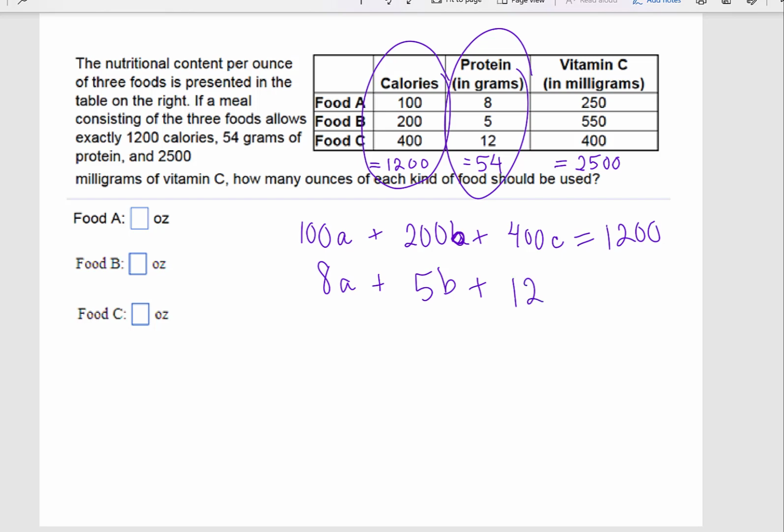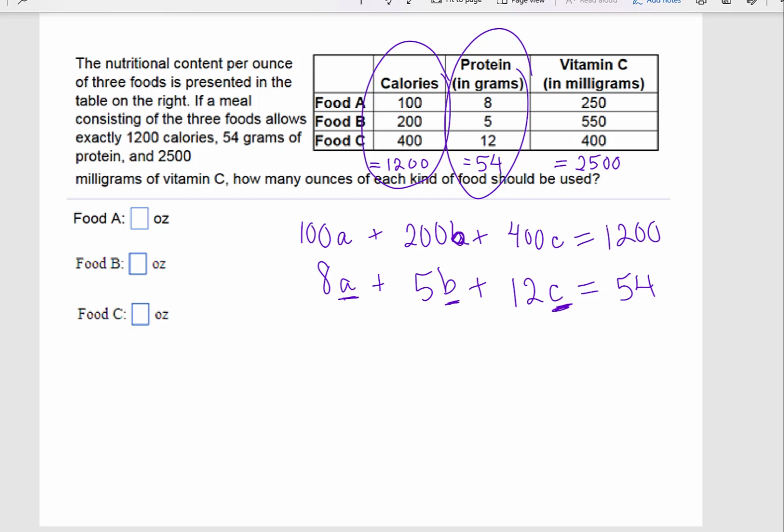And then for C, and that all has to add up to 54. So obviously 8 plus 5 plus 12 don't add up to 54, but when I multiply 8 by how many ounces of food A we have, and then 5 by how many ounces of food B we have, and then 12 by however many ounces of food C we have, that has to equate to 54.